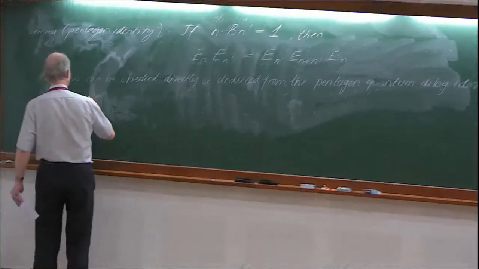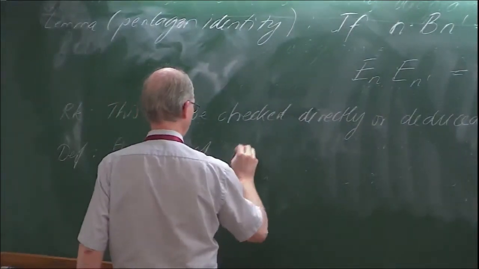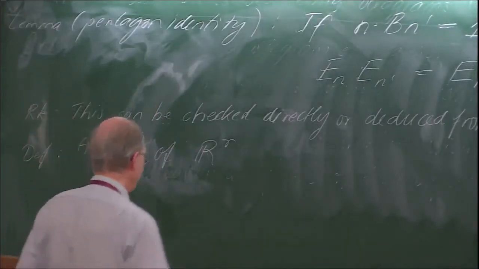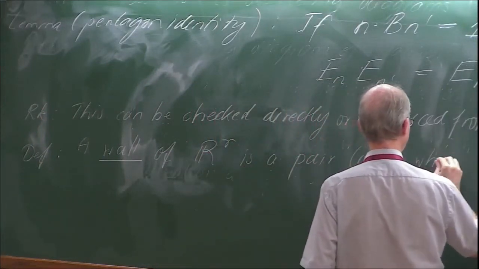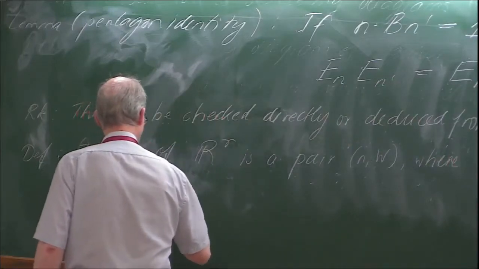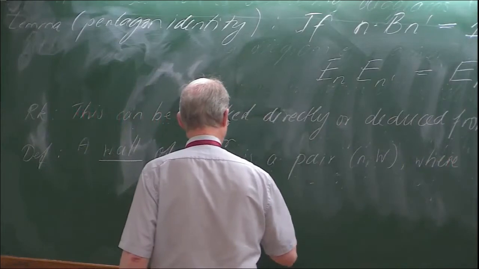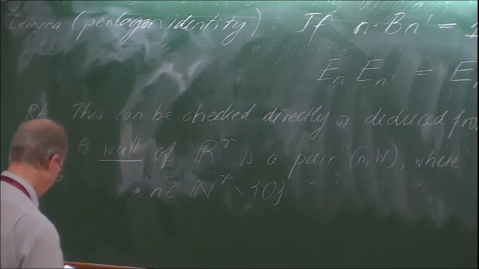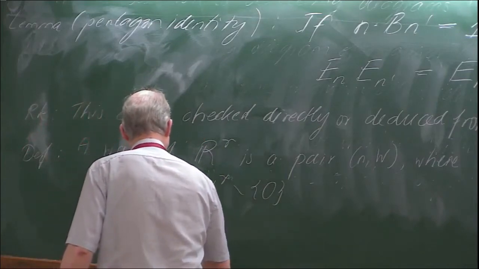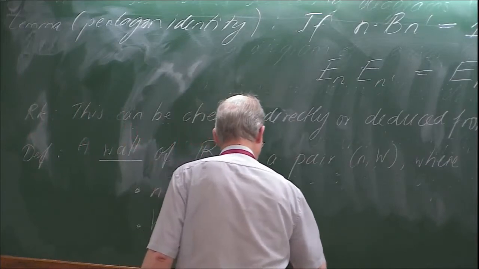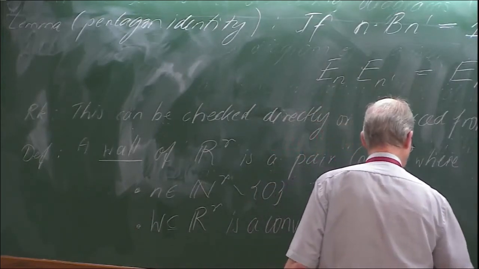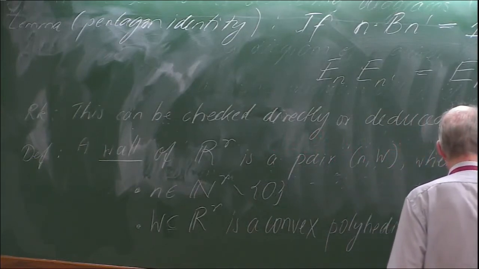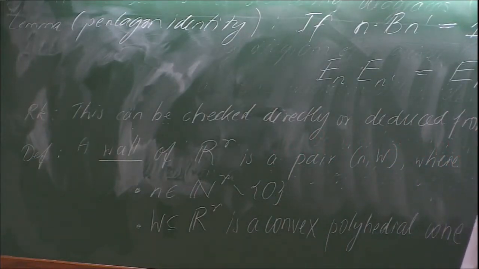Okay, now what is a wall? In real R-space, it's a pair (n, W), where n is a non-zero integer vector with non-negative coefficients, and W is a convex polyhedral cone spanning the orthogonal hyperplane of the vector n.